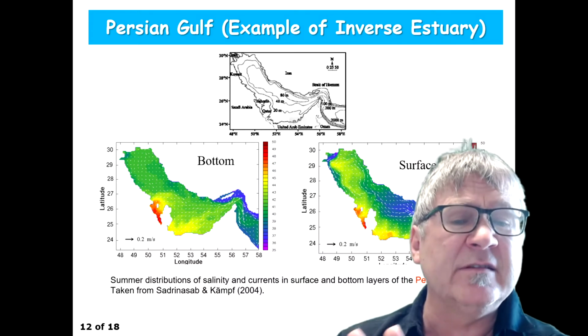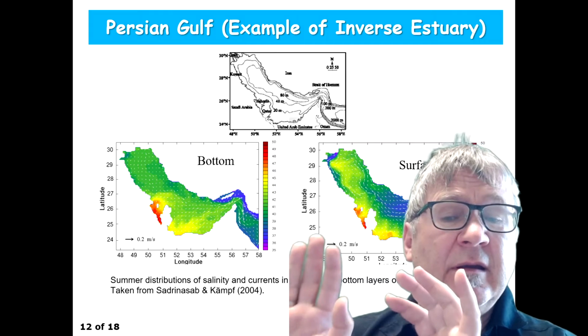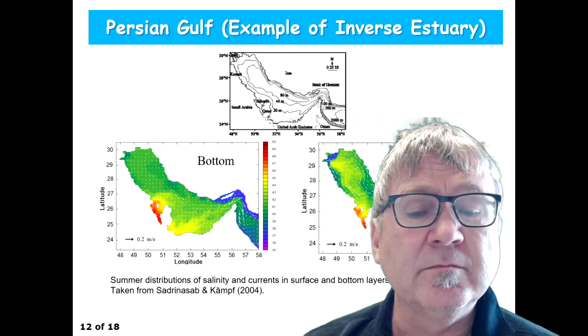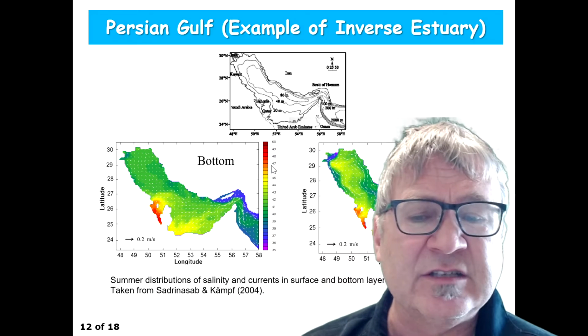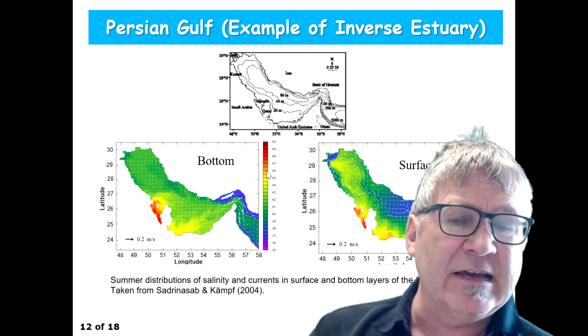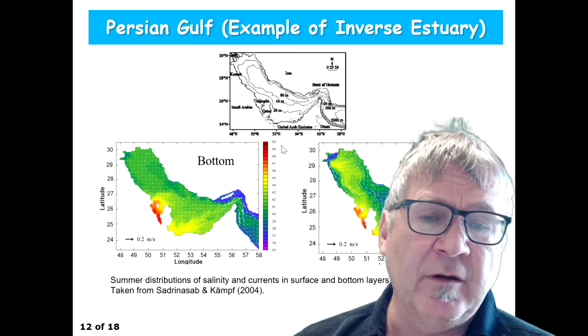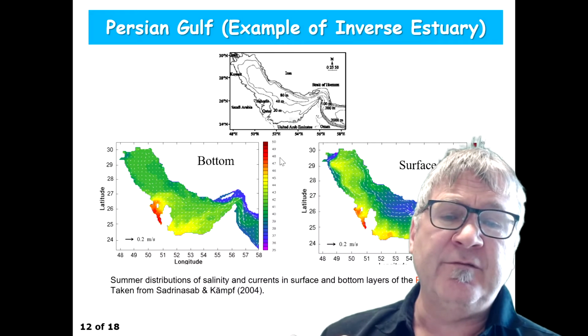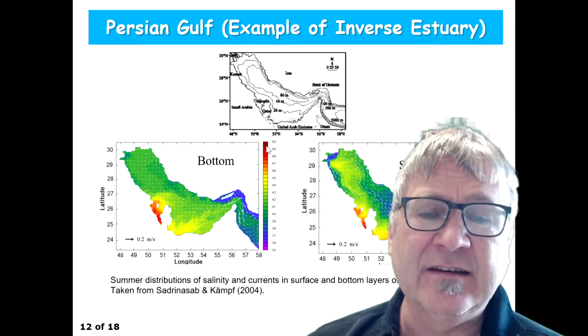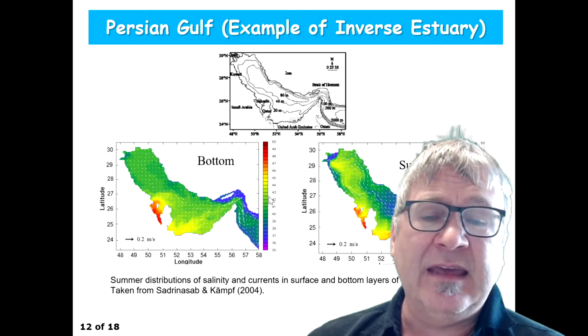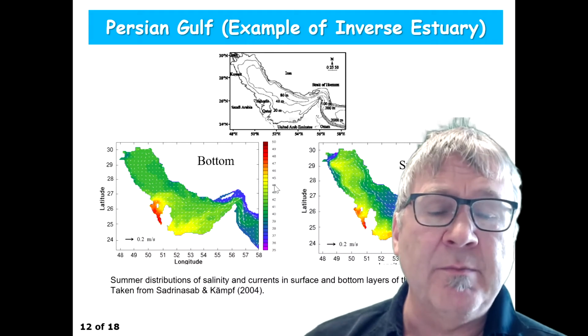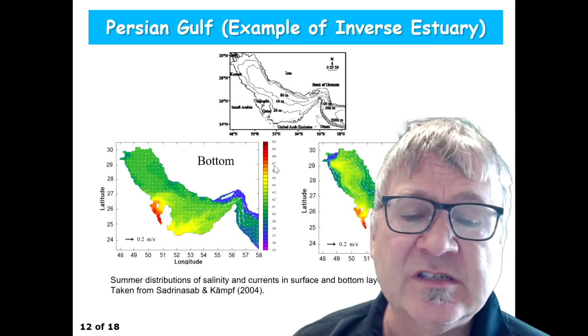So let's have a look at the circulation. Let's see what happens near the bottom. It's a little bit hard to read the numbers here, but essentially red means hypersaline with values up to 50 grams per liter of salt. And yellow is still 10 units above the typical ocean salinity.